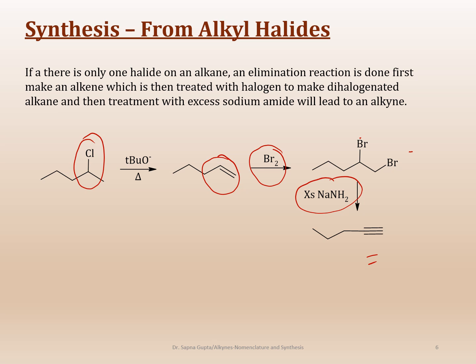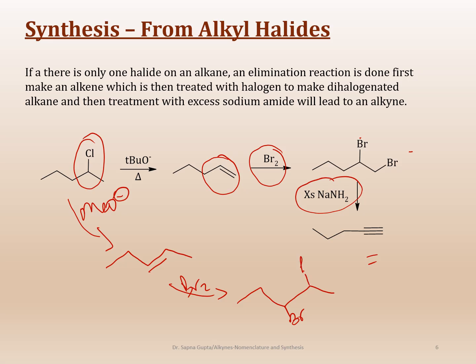So the location of the double bond will give you an idea of where the triple bond is going to be. For example, if I were to use a small base over here, like a methoxide, then maybe I get an internal alkene, and then I can do the same thing, where I can now do the bromination here.